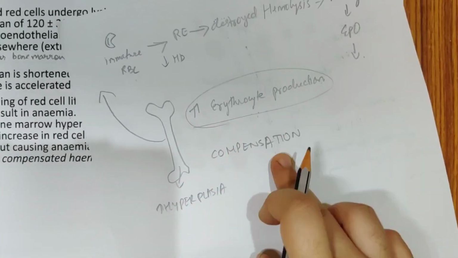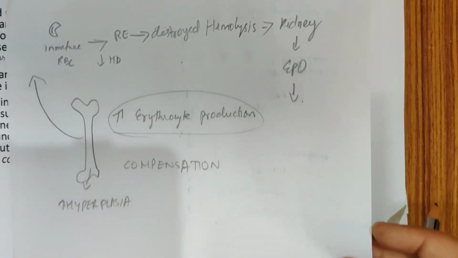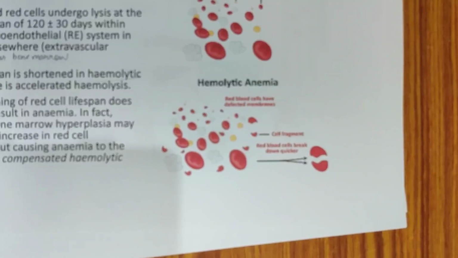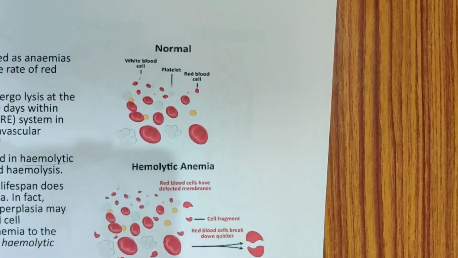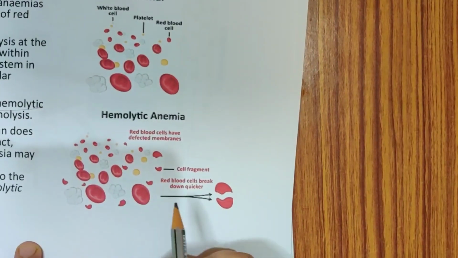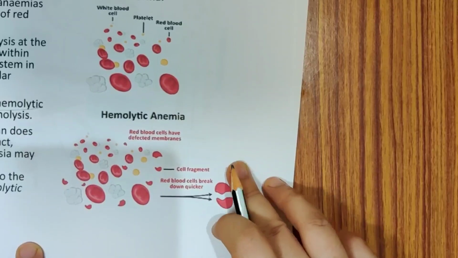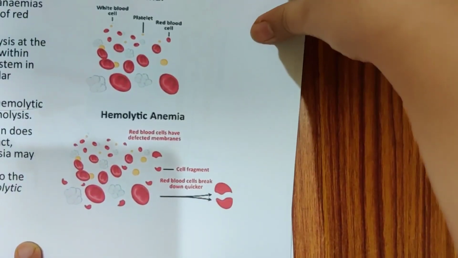This is known as the compensatory hemolytic disease, in which you don't have active anemia. Okay. So you can see these are your normal cells, and these are the hemolytic cells. In hemolytic anemia, what will you see? You will see fragmented red cells. Red cells will break down. This fragmentation is seen in hemolytic anemia.